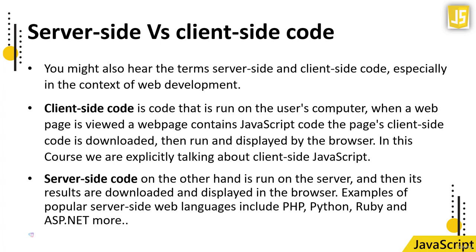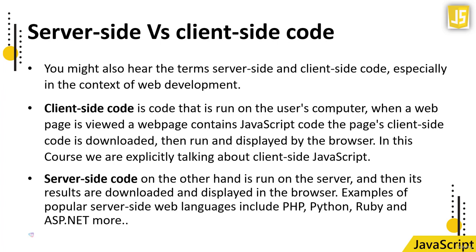It may be a desktop or a browser, wherever it runs, it won't depend on any other server or resources. When a web page is viewed, the client code is downloaded, and the result is displayed in the browser itself. In this course, we are explicitly talking about client-side JavaScript, to learn more about client-side JavaScript functionalities only.